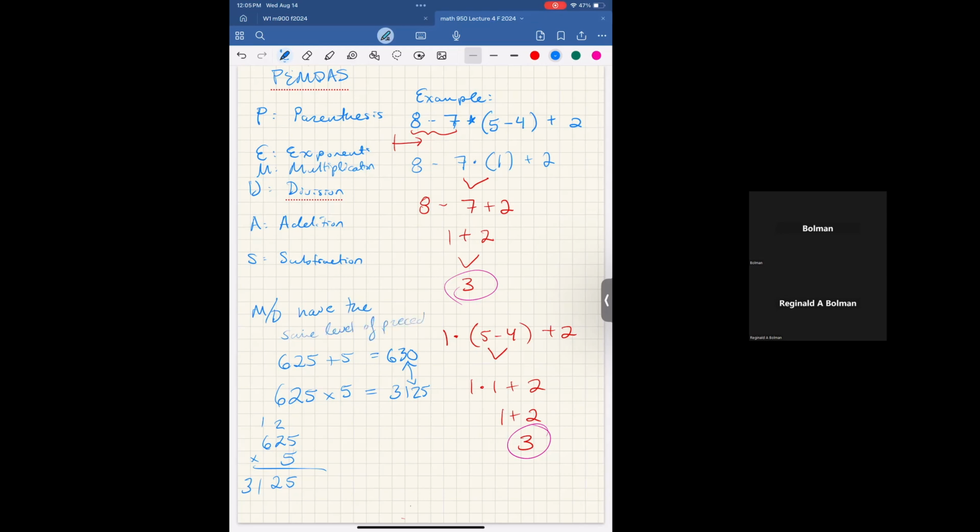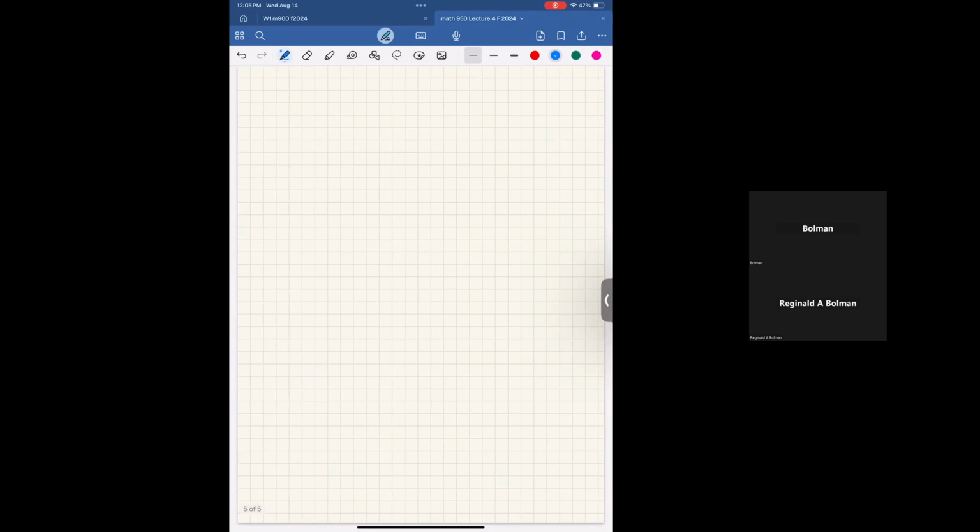So you can perform multiplication and division in any order that you choose, because division is just multiplying with an inverse. We'll look at that, I believe, next chapter. We'll look at that a little bit. Okay, let's look at some problems from the textbook.